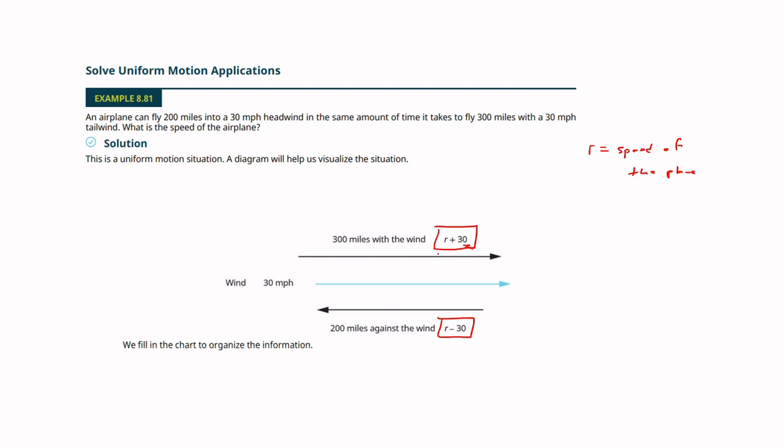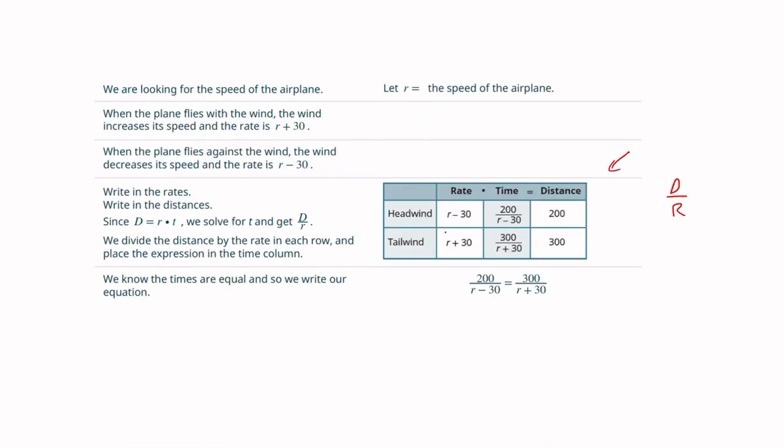So we've got the rates and the distances. Going back to that chart, here the wind is working against us, and that's how far we can go when that happens. Now the wind is helping us, and we can get this far.